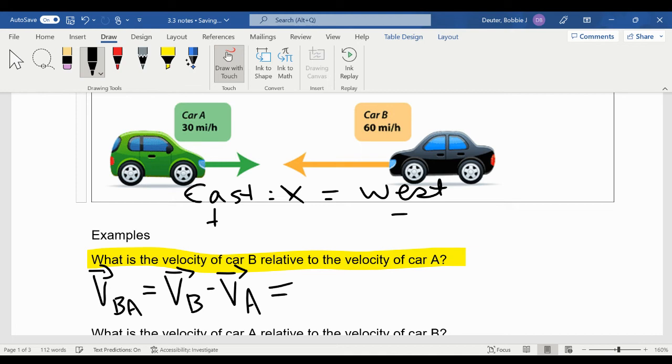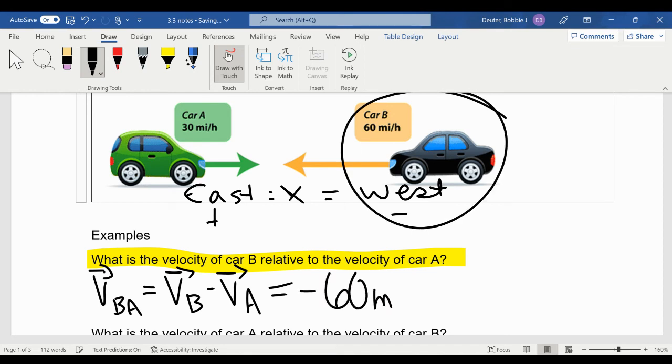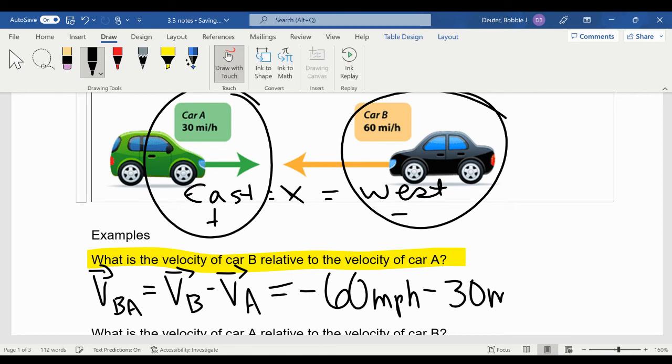If we put this into the equation here, we can see that car B has a velocity headed west, so it's going to be a negative 60 miles per hour. And we're going to subtract from that car A, which is headed east, a positive 30 miles per hour.